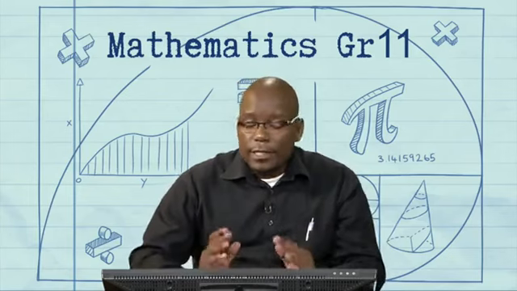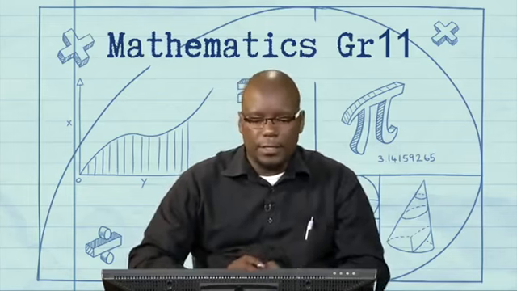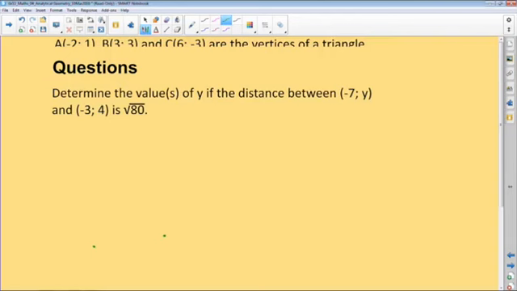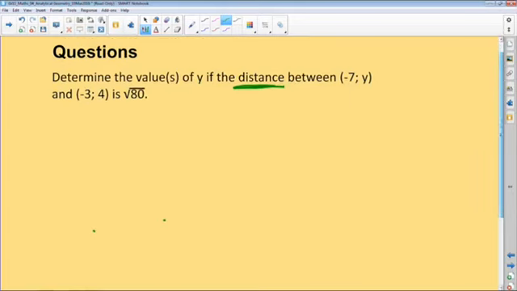Well done, guys. Let's see if you're getting the correct answers. Okay, now the question is: determine the values of y if the distance between those 2 points, minus 7, y and minus 3, 4, is root 80. And it's always wise to actually have a picture.